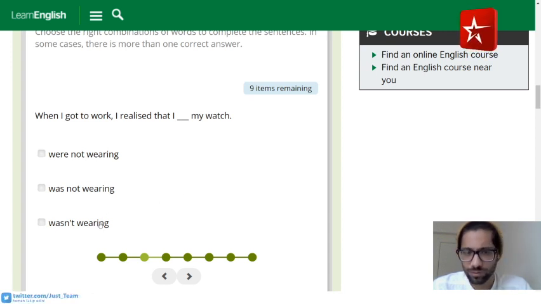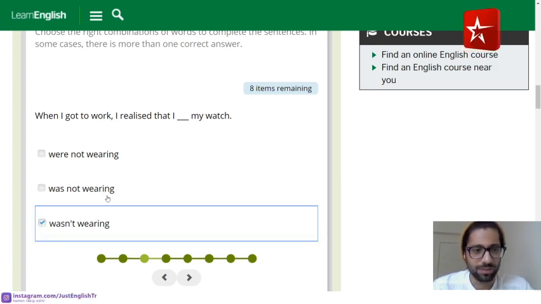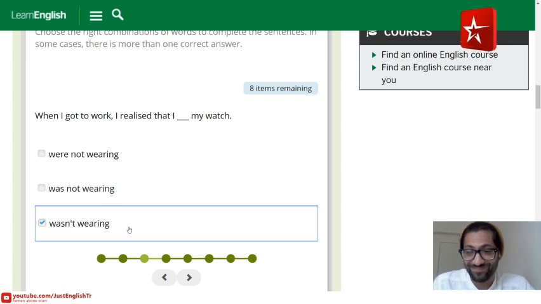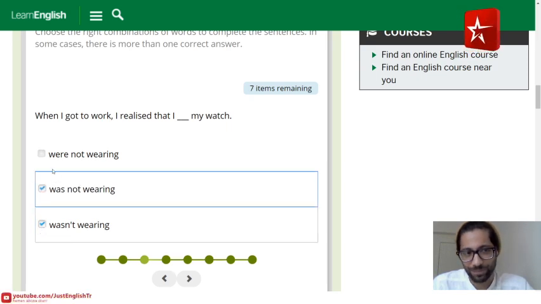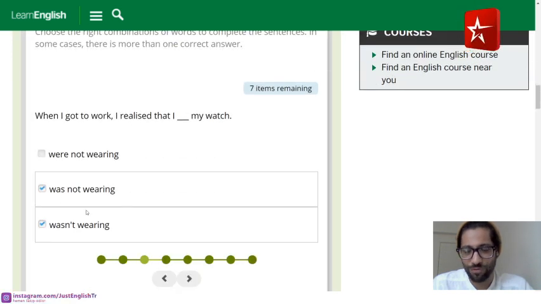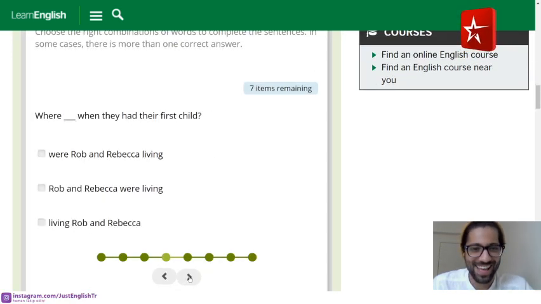B and C. When I got to work, I realized that I was not wearing my glasses. Wasn't or was not wearing? It is the same, but which one is correct? Both of them. Thank you. Yes.